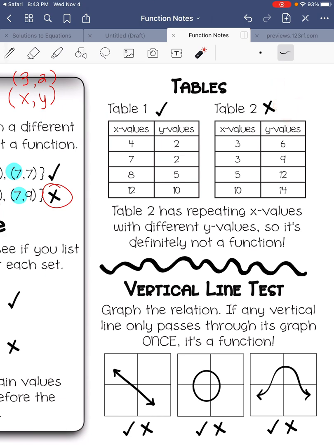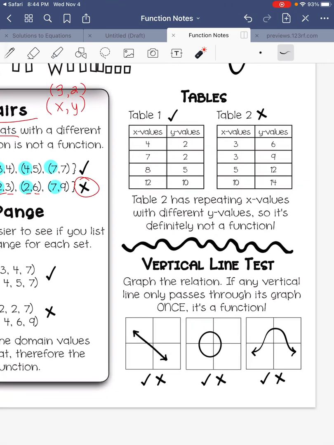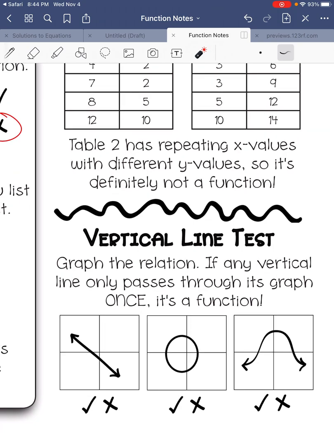And this is my output, or my Y's. So if I push 3, I don't know what I'm going to get, and so that cannot be a function. Think of a broken machine. You don't know what is going to come out, so it doesn't work. And again, because table 2 has repeating X values, we had 2 number 3s in here, it's automatically not a function.